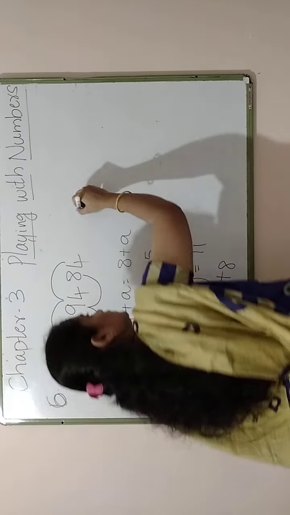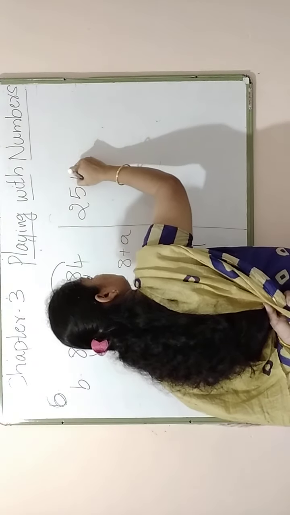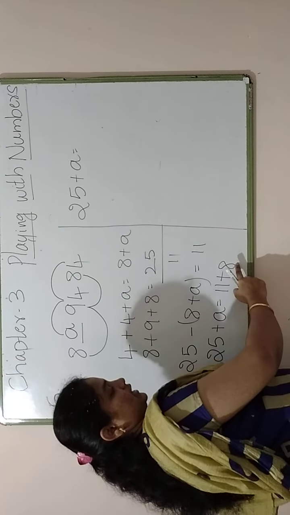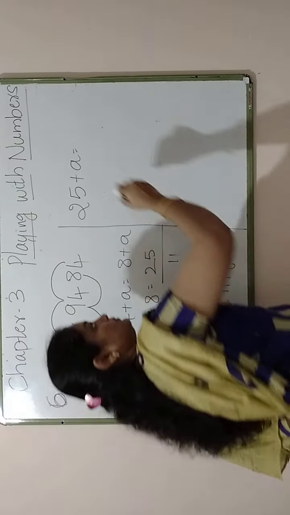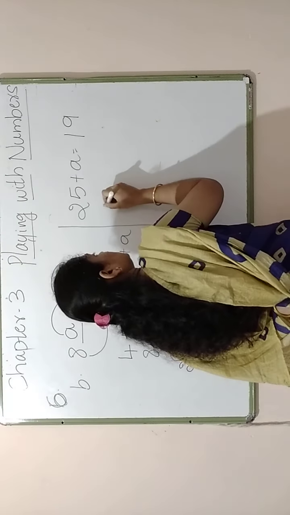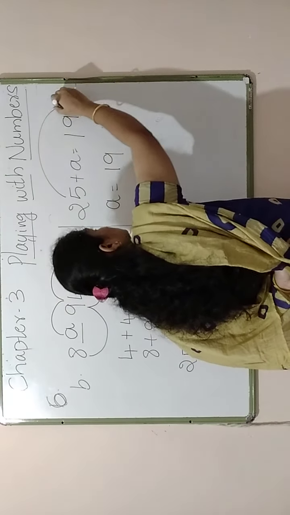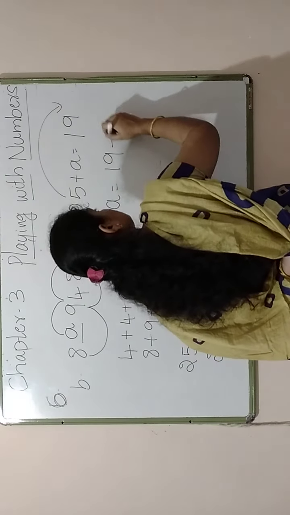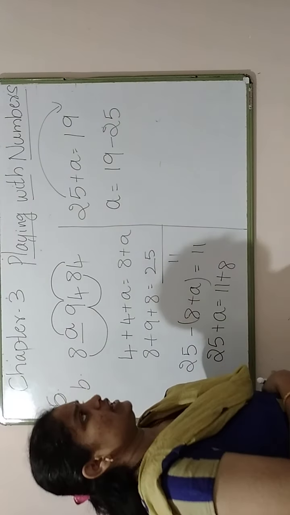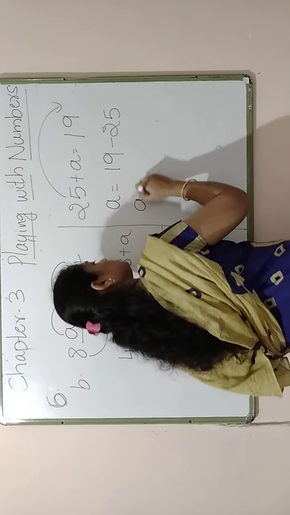So 25 plus a, 11 plus 8. 11 plus 8 is 19. Okay, so now a is equal to 19. I am sending this number to this side, so this will become 25. 25 minus 11, it is minus 6. Okay, so the number is minus 6.